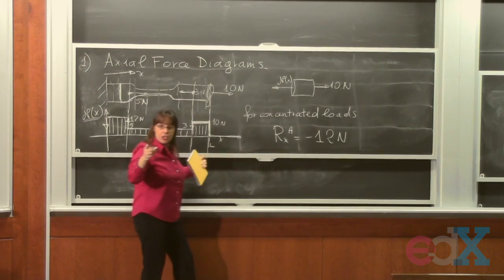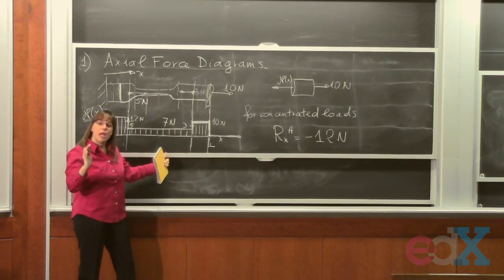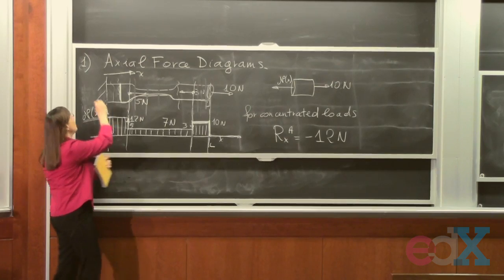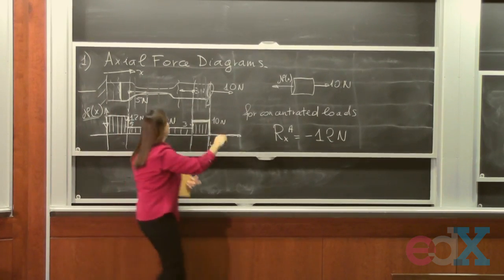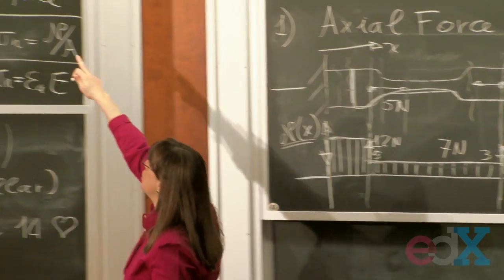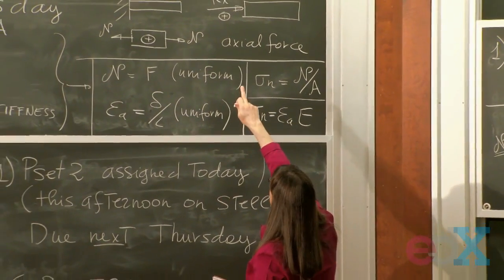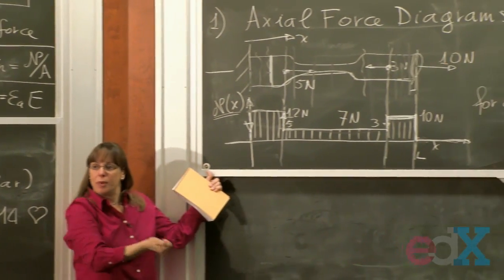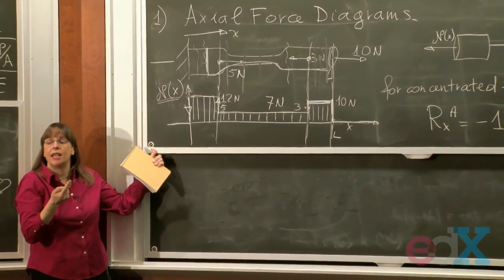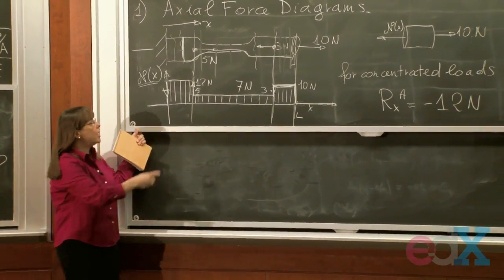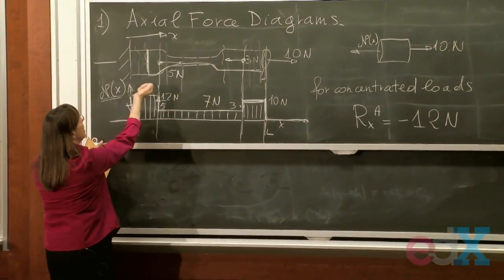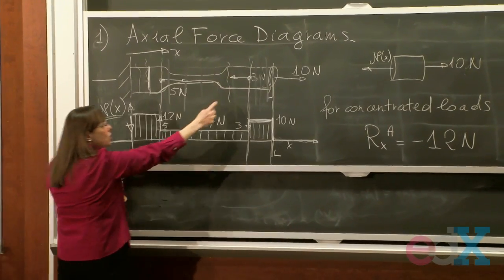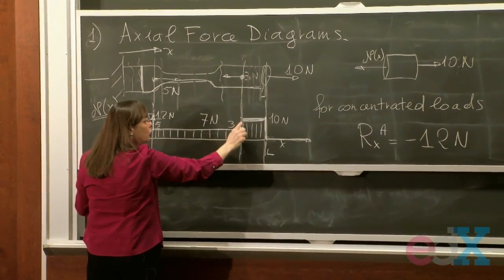If you do your calculations, if you do the free body diagram, you see how much is the Rxa. Remember our conventions. If the x is going that way, Rxa is positive pushing. You see Rxa here cannot be pushing, it must be pulling, right? So you're going to have a negative Rxa. And so when you have a load that pulls that way, you go down.